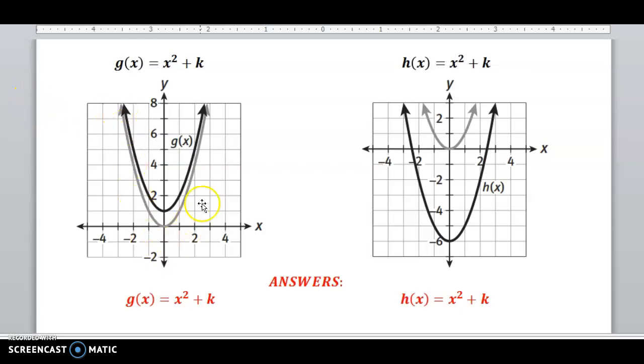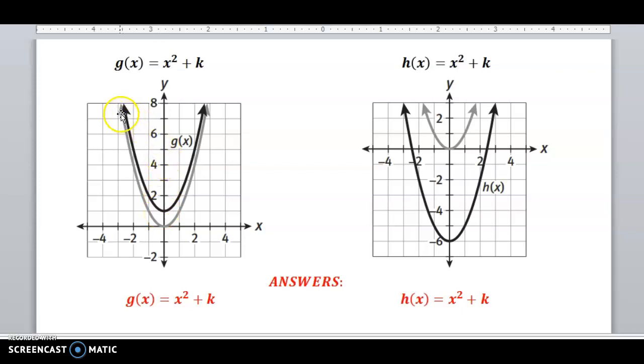The gray graph is the original parent graph for f of x is equal to x squared. Now the black parabola is for g of x, and we're asked to find the value of k that represents the new location of the vertex of the parabola in this figure.